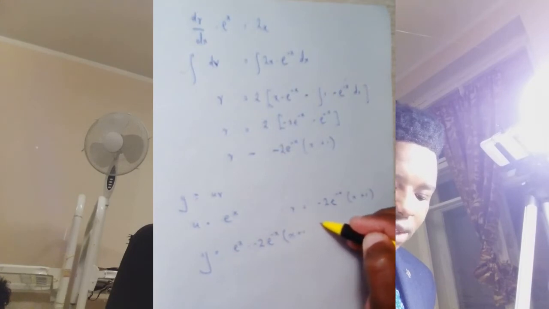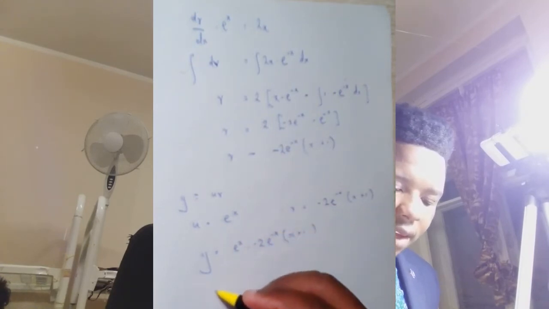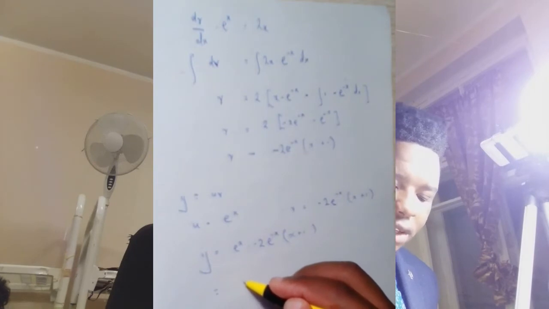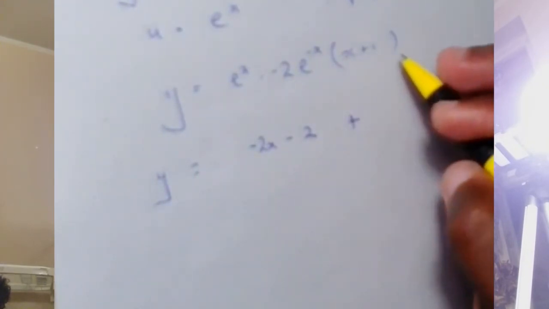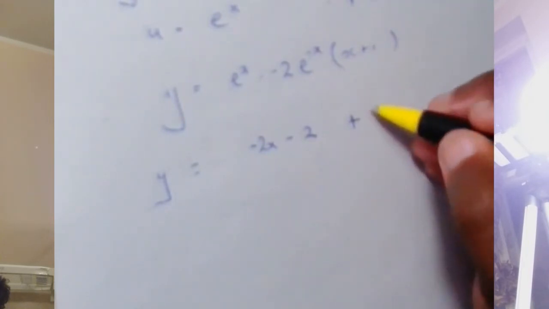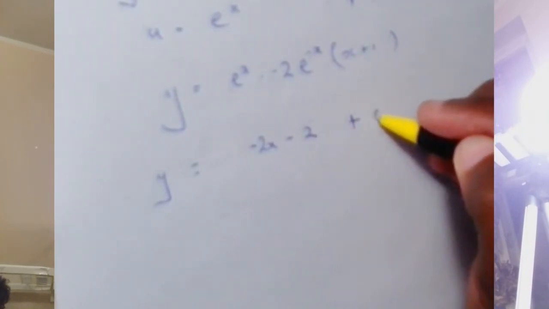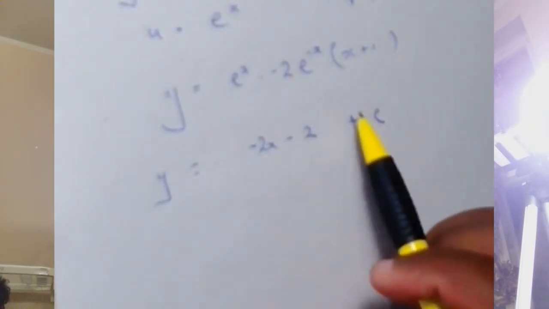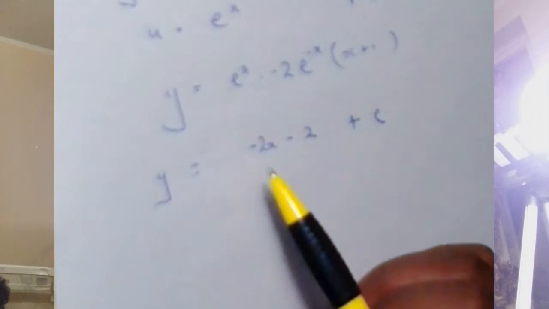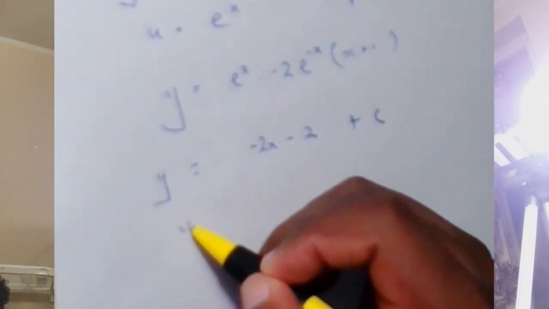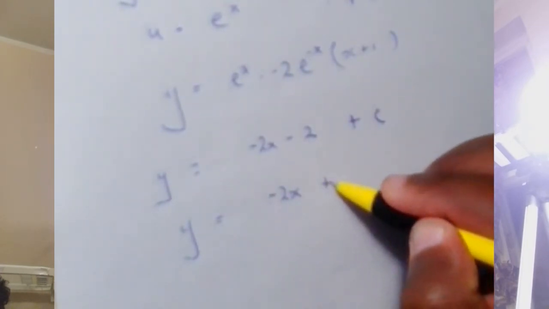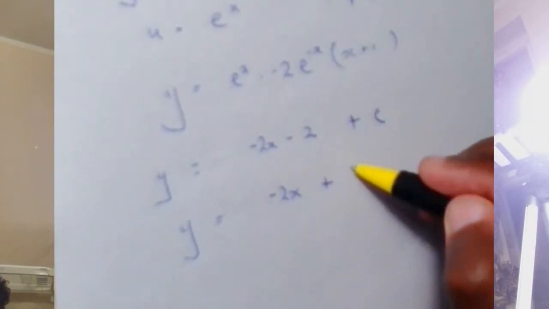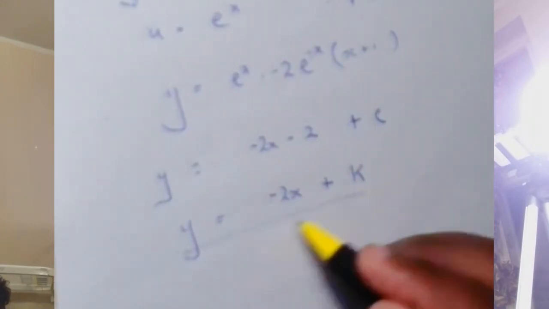Then this cancels this one, and I will have negative 2x minus 2, and this is my y, then plus a constant. But now minus 2 plus a constant is just a constant, so I have y is equal to negative 2x plus k, and this is our answer.